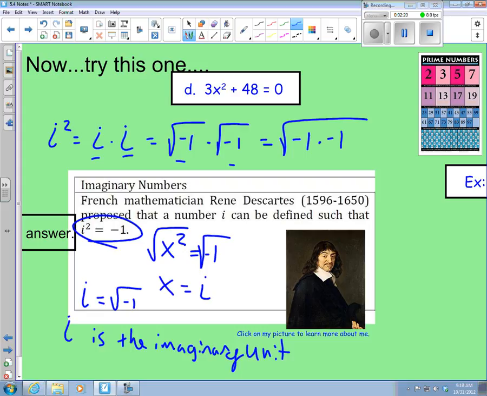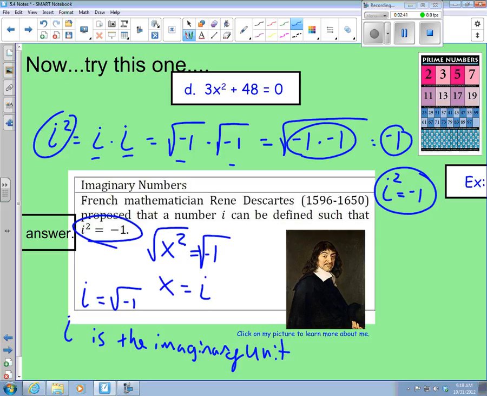I have two factors of negative 1 there, so I can pull that out of the square root symbol, and I get negative 1. Therefore, i squared equals negative 1. So you're never going to put i squared in a problem. You would simplify it and call it negative 1. So you can go from an imaginary unit, i, just by squaring it, it becomes a real number again, negative 1.